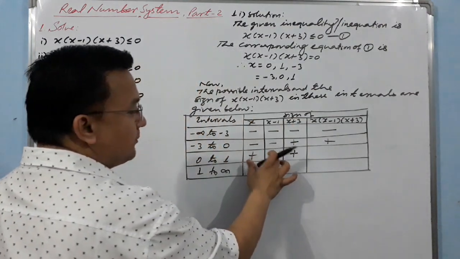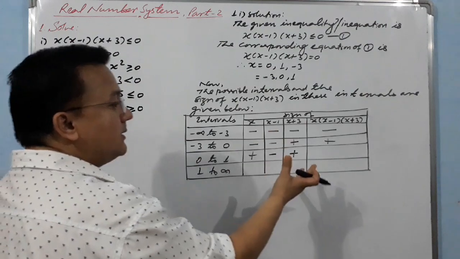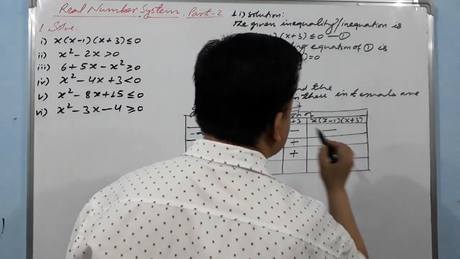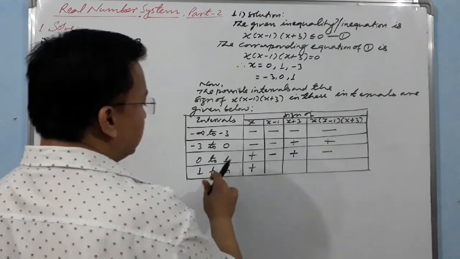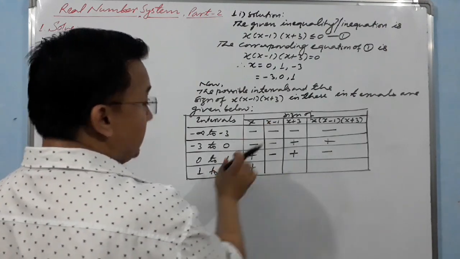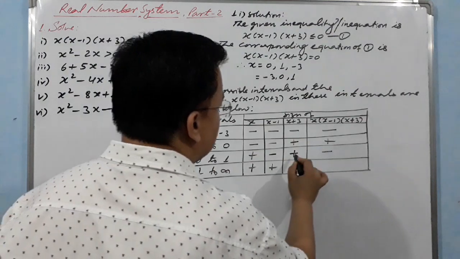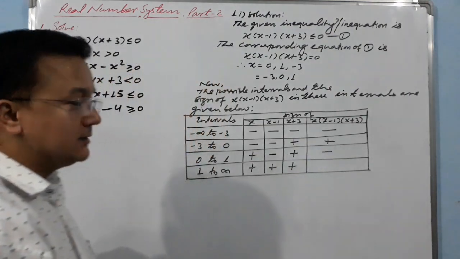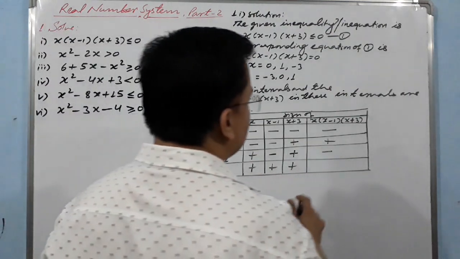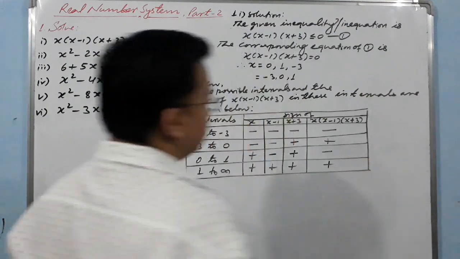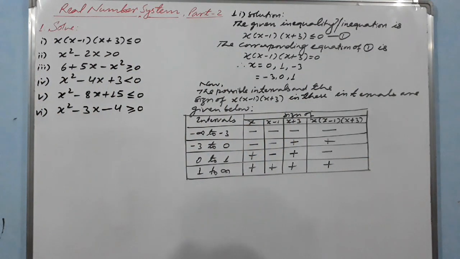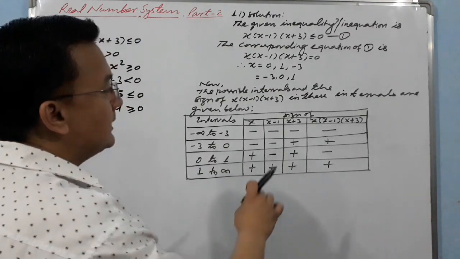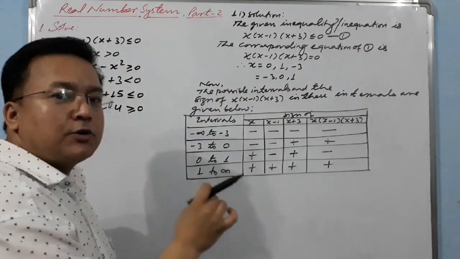Positive into negative is negative, negative into positive is negative. For 1 to infinity, all are positive, and the product of all positive numbers is positive. This table is very important because it is going to provide you the solution.